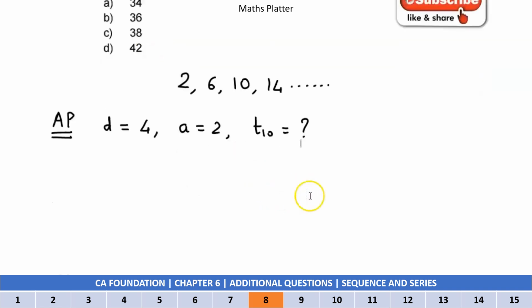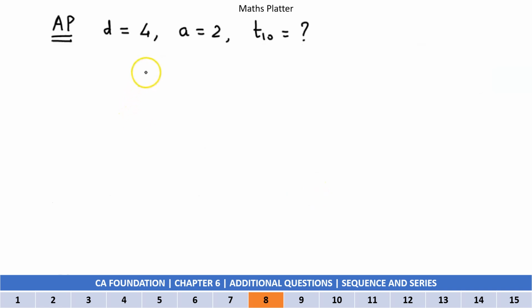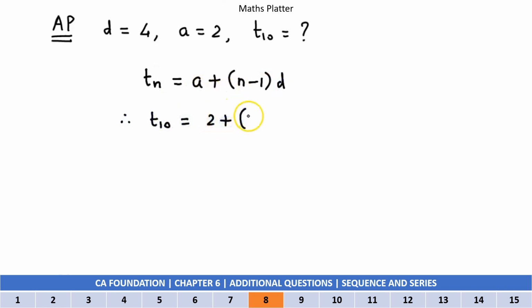Now in order to find T10, we apply the formula for the general term. So Tn is equal to A plus n minus 1 into D. Therefore we have T10 is equal to, now A is equal to 2 plus n minus 1, that is 10 minus 1 into D. Value for D is 4.